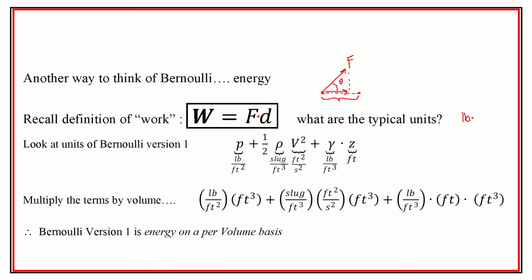Let's take a look, as a simplistic way of investigating Bernoulli, at what the units work out to be. First off, in US units we're using pounds per square foot for the static pressure. For the dynamic pressure, we have slugs per cubic foot, and foot squared per second squared because we've squared the velocity.